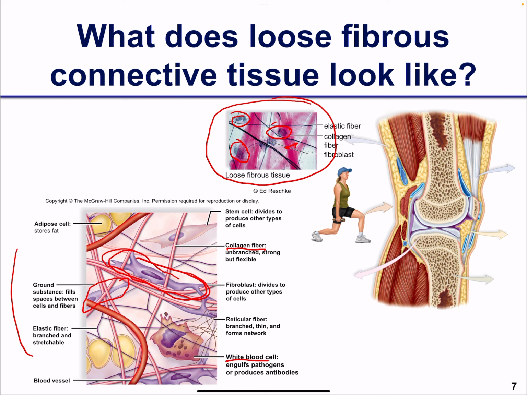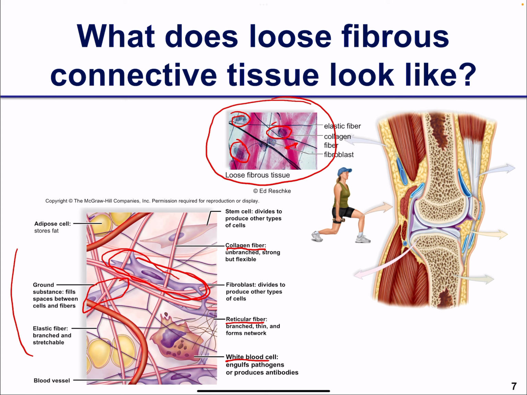The elastic fibers made by the fibroblast. There are some other fibers that are very thin. They are called the reticular fibers. They are much thinner than the elastic fibers. These reticular fibers are also made by the fibroblast.